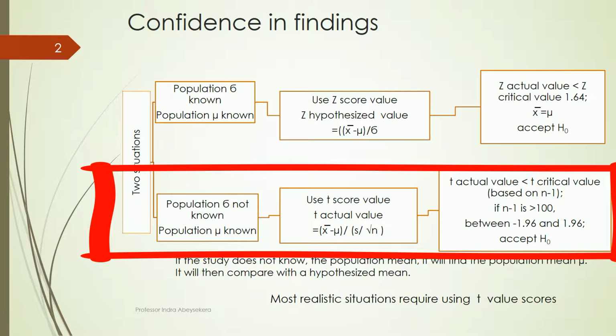The standardized difference that we obtain is referred not to the z-values table but to the t-score or t-value table.